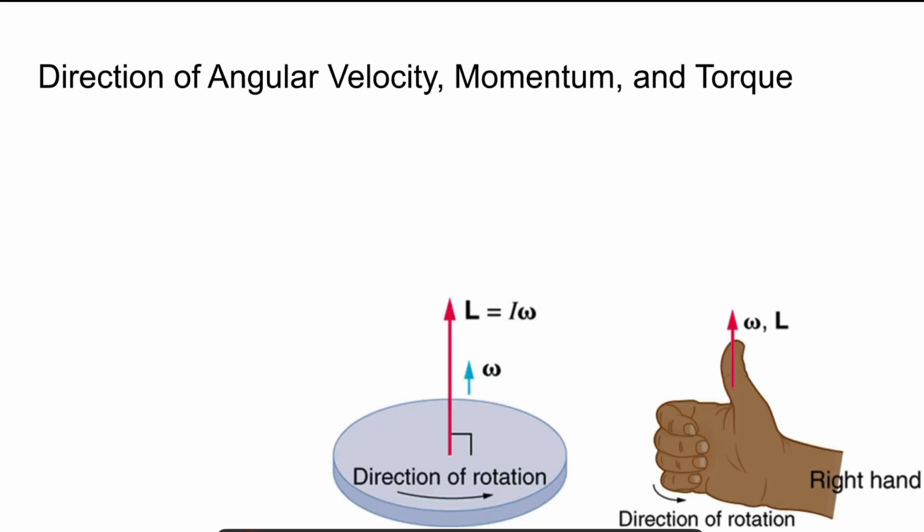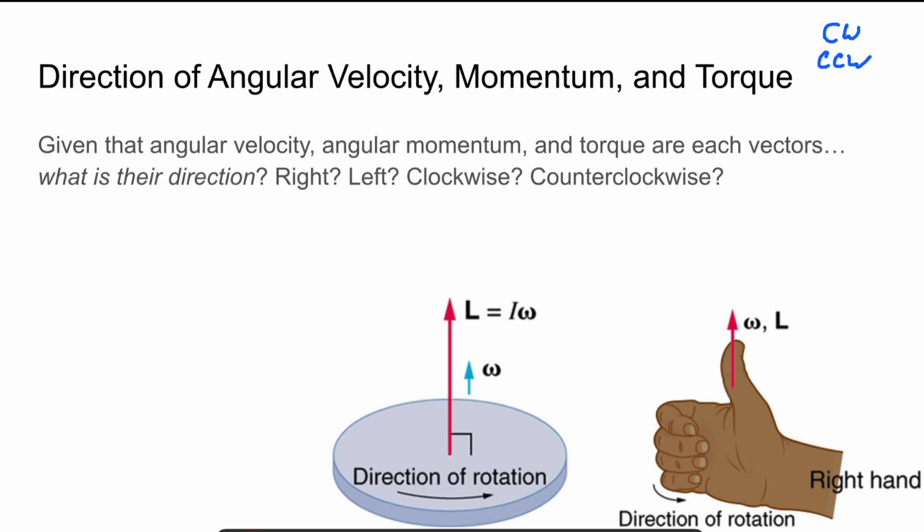All right, let's think about one final thing here before we transition to discussing the rest of this in class, and that is the direction of angular velocity and momentum and torque. Because so far, we've talked about direction for things that are rotating in terms of clockwise or counterclockwise, right? So there are some other things we can think about: right, left, clockwise, counterclockwise.